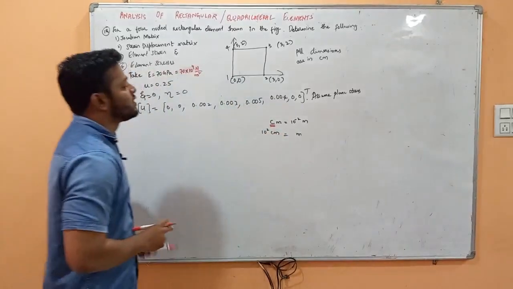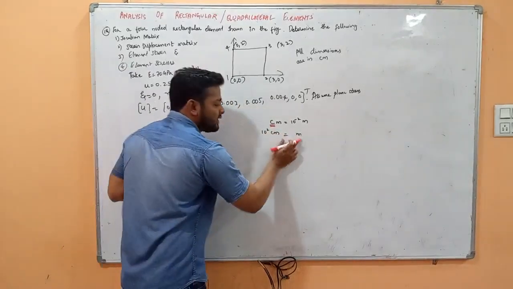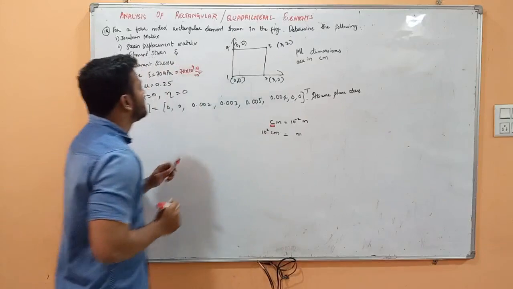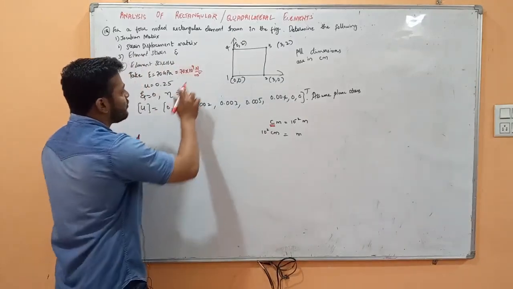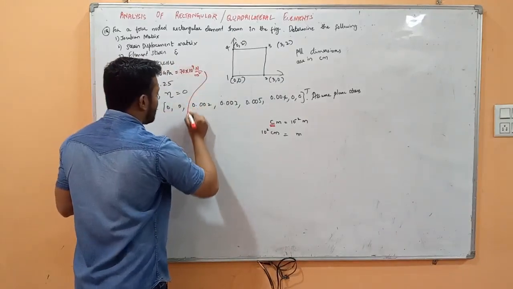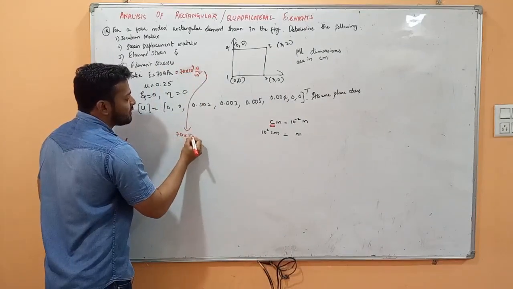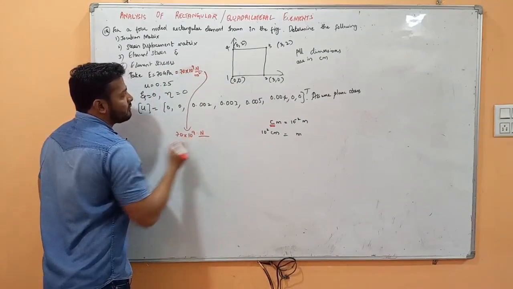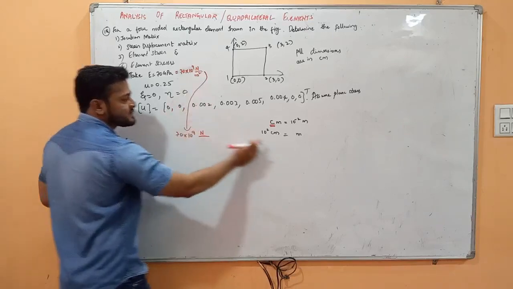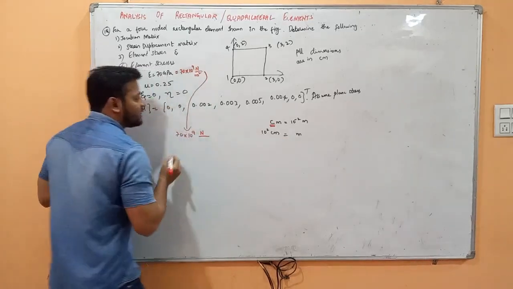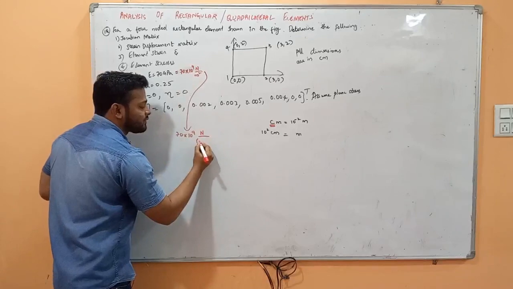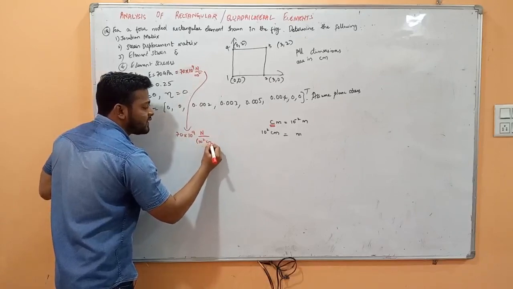So I know that meter is 10 power 2 centimeter. So in place of meter, I am writing 10 power 2 centimeter.